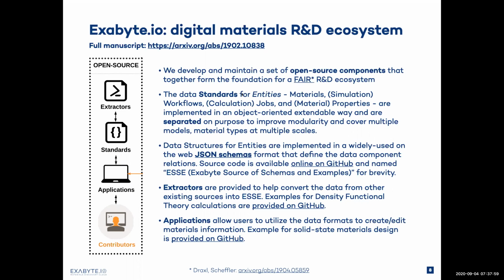And we start with data standards, standards that define the core entities that the platform operates with, such as material structures, simulation workflows, calculation jobs, and materials properties. All are implemented as JSON schema data structures to be able to clarify how we can store the information about each one.